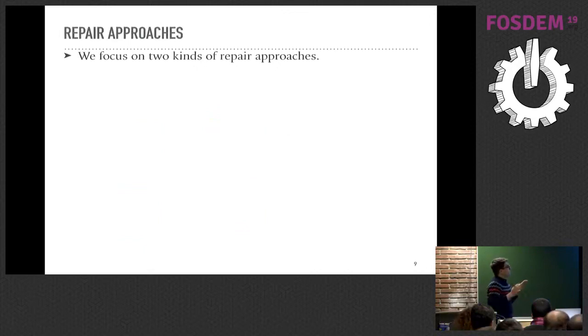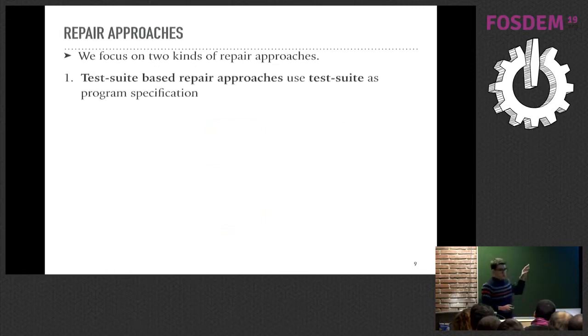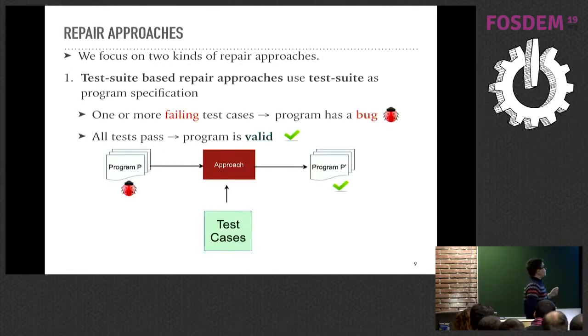So in this talk, I will mention 2 kinds of approaches for automatic software repair. The first of them are the test suite repair approaches, which use test cases as oracle, as a specification. So what is the idea? Imagine that we have the program P. The specification will be the test cases. So if we have one failing test case, that means that the program is buggy.